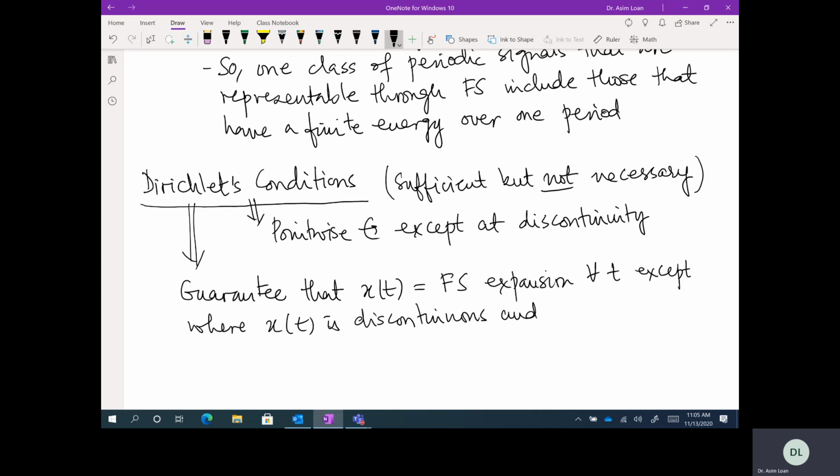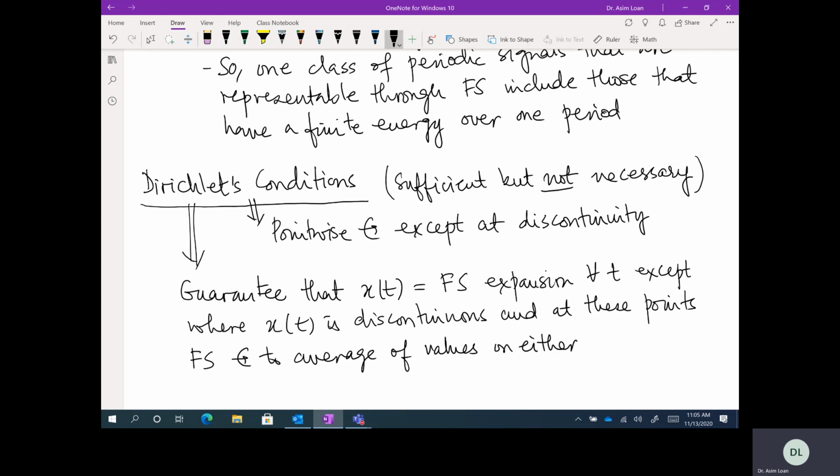At these points, the Fourier series converges to the average of values on either side of the discontinuity.